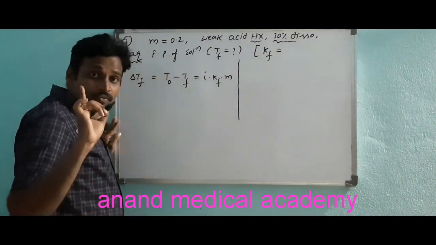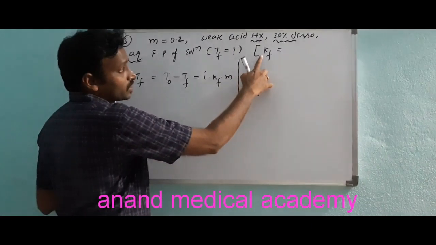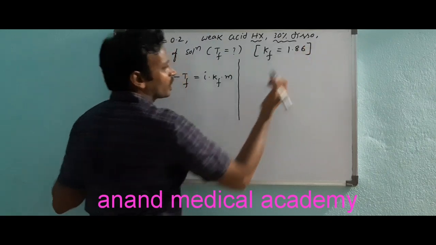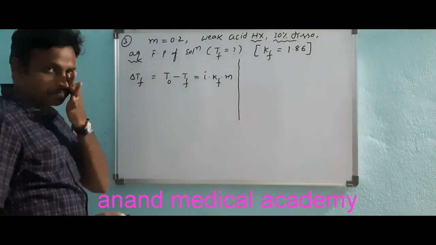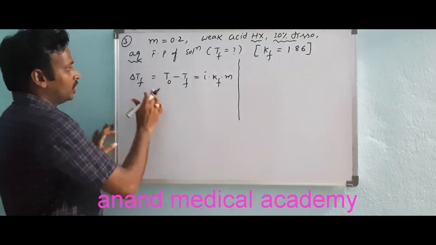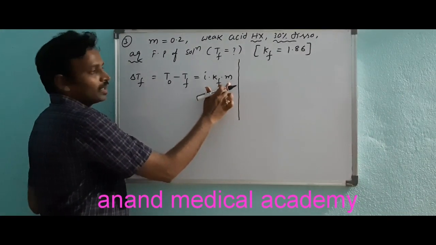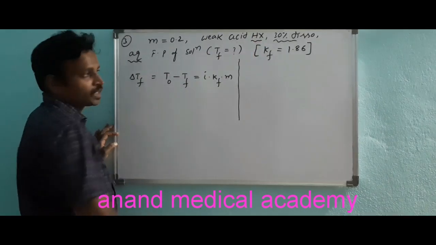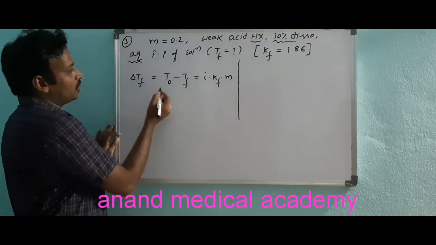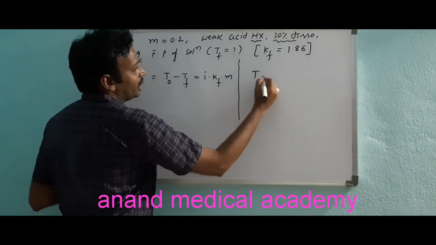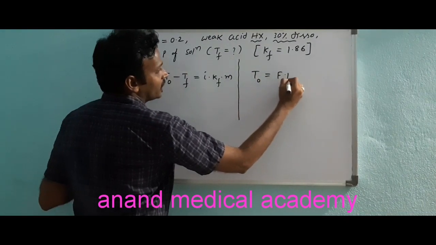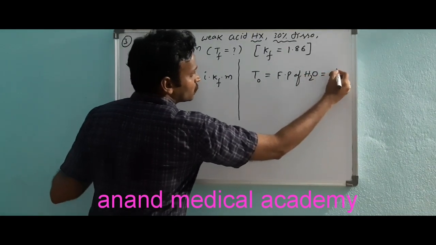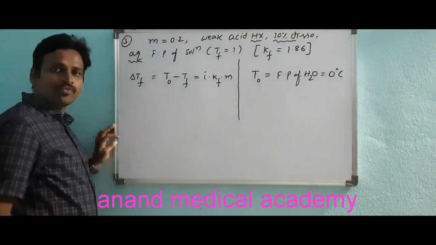You must know that for water this constant KF value is 1.86, or simply you can remember 1.8, in Kelvin per molal. So the KF value is fixed for water, it's 1.86. Now the T naught value. T naught is nothing but what? Freezing point of water. Freezing point of water is how much? 0 degrees Celsius. Fixed.